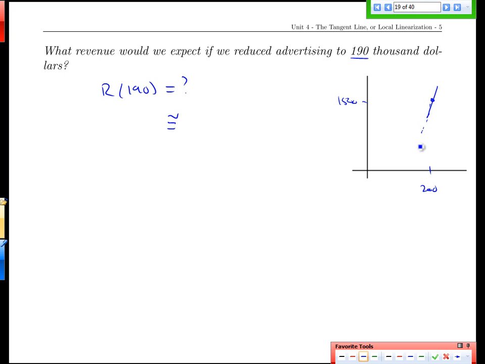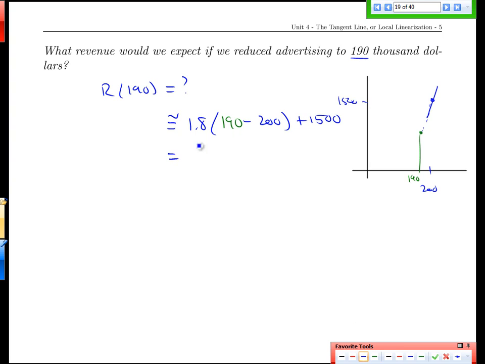If we just follow that graph back down to 190, we should get something that's a reasonable approximation for the revenue based on where we were, the revenue we had with 200,000. So here we can bring in our function and the values that we had before, and we're going to sub in that 190 now.